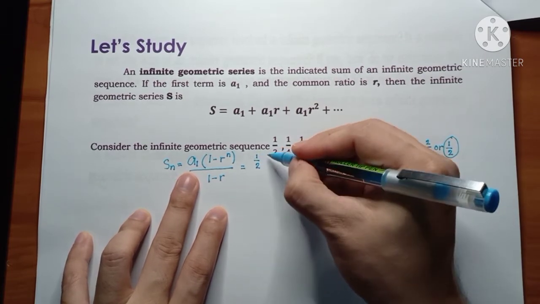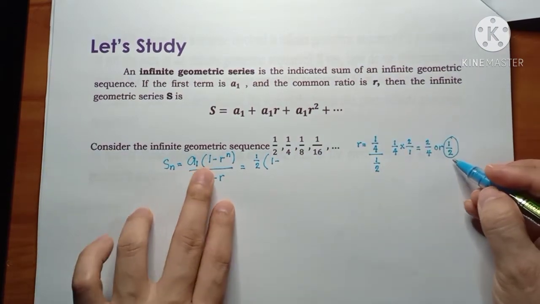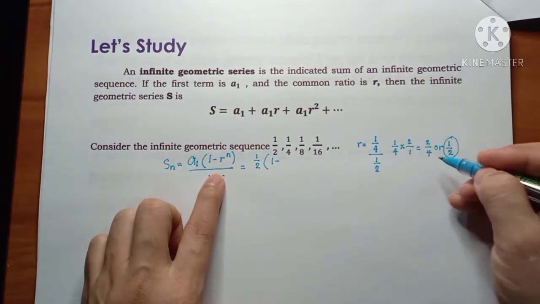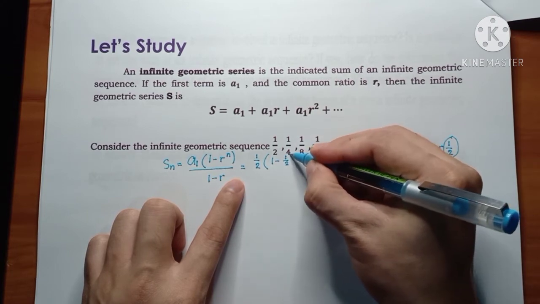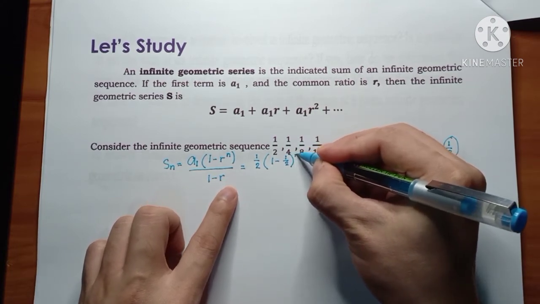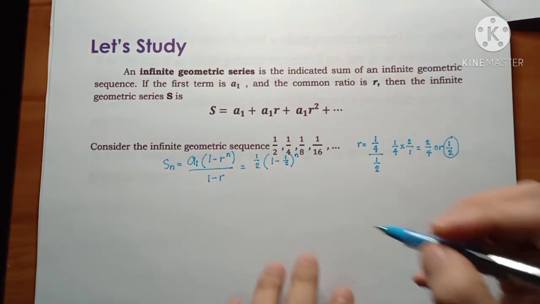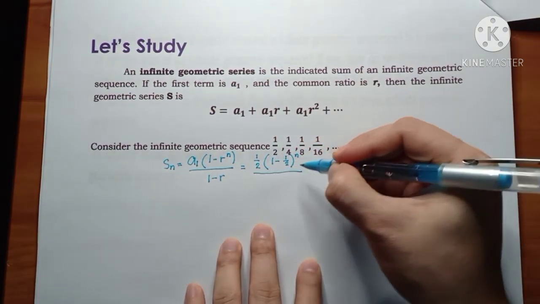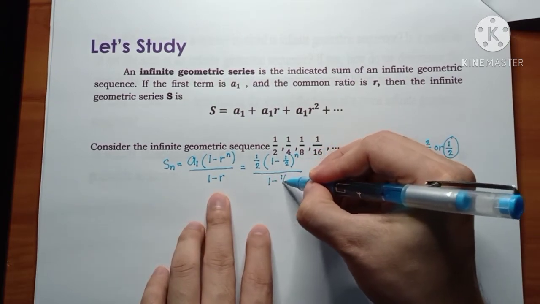And then, times 1 minus, ang ating common ratio ay 1/2. So, that is 1/2 raised to n. Kasi hindi pa natin alam kung ilan yung ating terms. And then, we have 1 minus, ang ating common ratio again is 1/2.